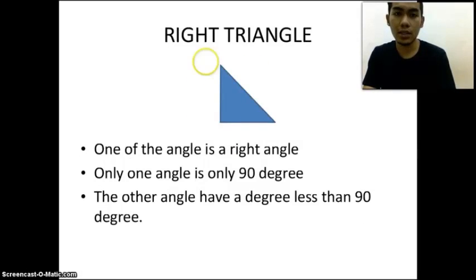And the last one is the right triangle. The right triangle is one where one of the angles is a right angle, and only one angle is 90 degrees.